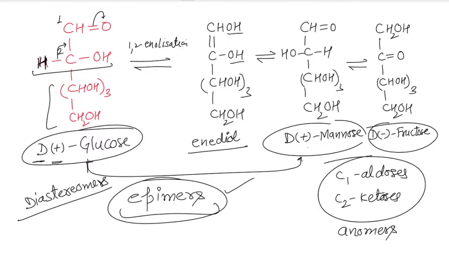And D plus glucose and D plus mannose are called epimers because they differ in configuration at C2 only. So that's all for the day. I think you can do it easily.